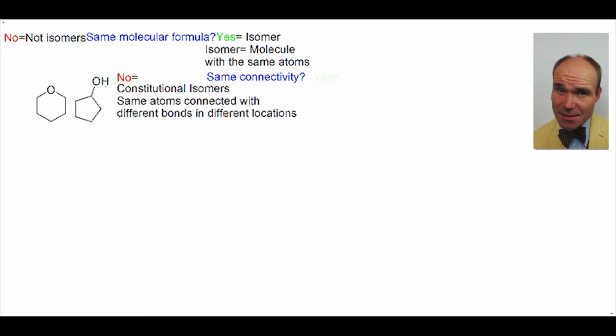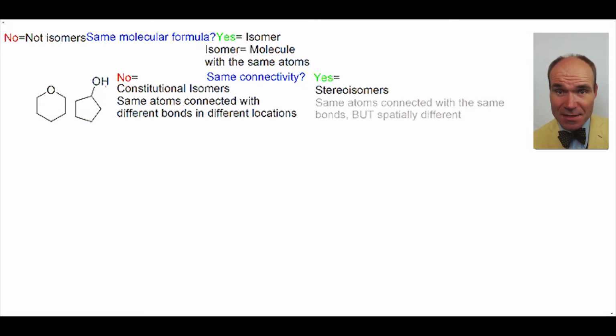However, if the answer is yes, we are dealing with stereoisomers, where the same individual atoms are connected to the same other atoms via the same bonds. The only difference between the molecules is the spatial location of parts of the molecule.